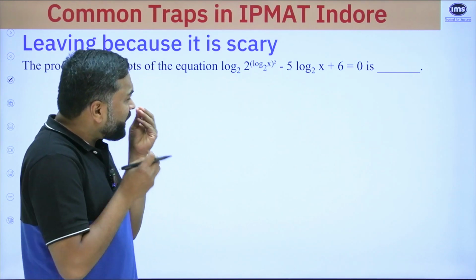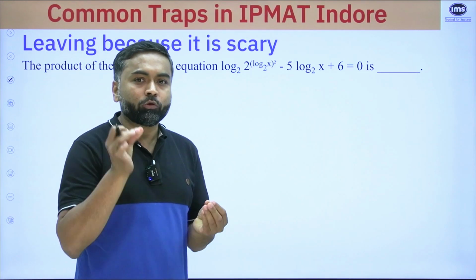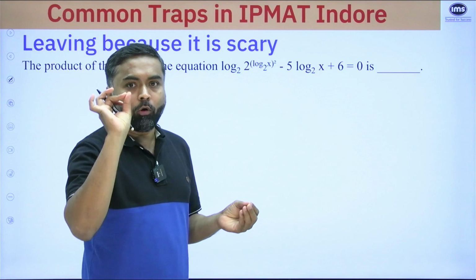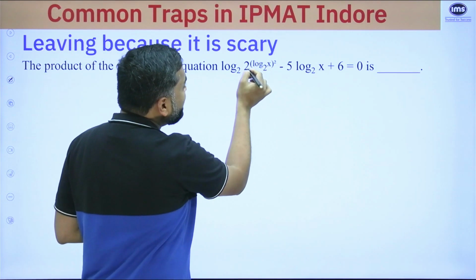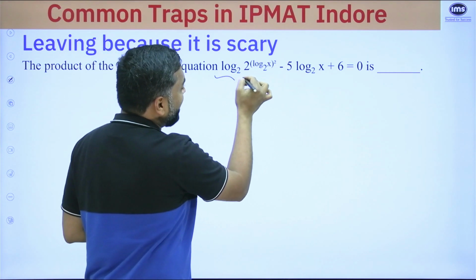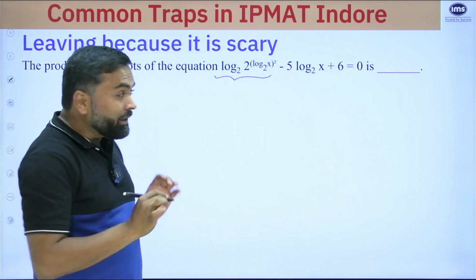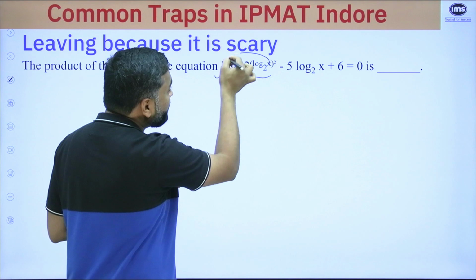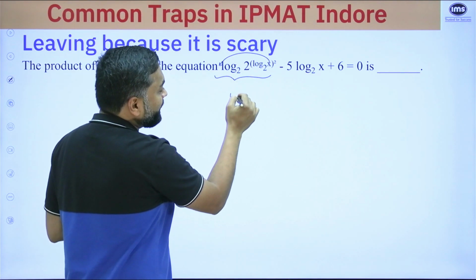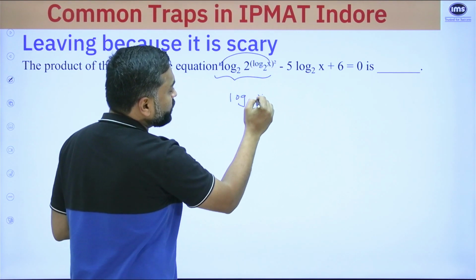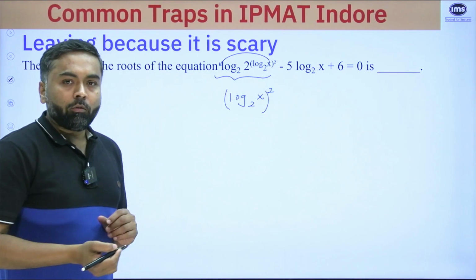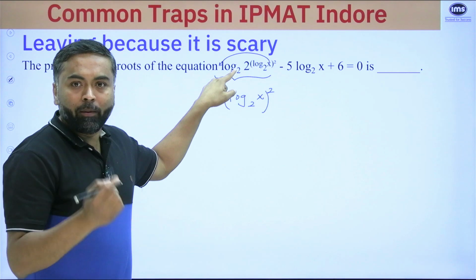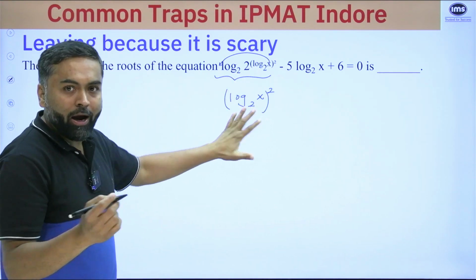If you think for 10 to 15 seconds and know the basic rule of logarithm, you will say this exponent comes outside, and this will be log of x to the base 2 to the whole square, because log 2 to the base 2 becomes 1.